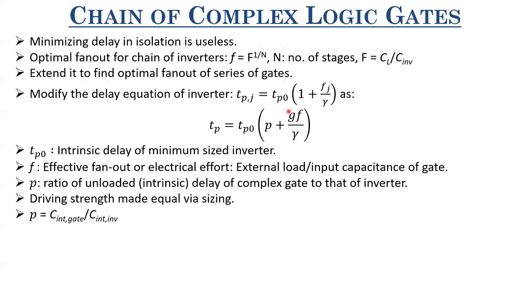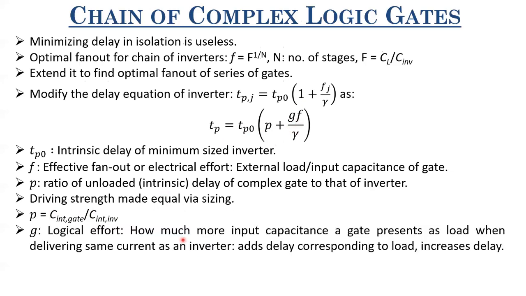Now let us look at this parameter G. G is known as logical effort. What does that mean? It simply denotes how much more input capacitance the complex gate presents as load when it is delivering the same current as an inverter. We have already made the driving current the same by sizing. So the logical effort tells you how much larger the input capacitance of this complex gate is as compared to an inverter.